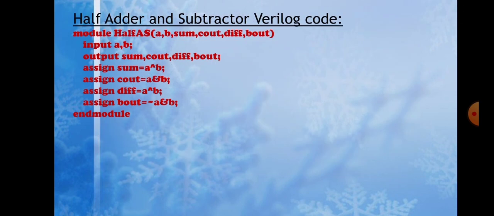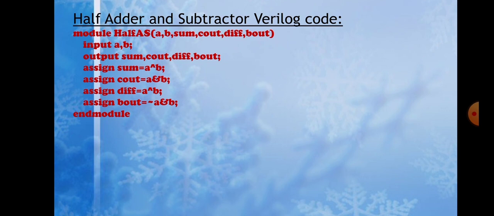So now let's see the code for the obtained expressions from C out and B out, and also from sum and difference. The Verilog program for half adder and subtractor is: module half adder or subtractor, with A, B, sum, C out, difference, borrow out.